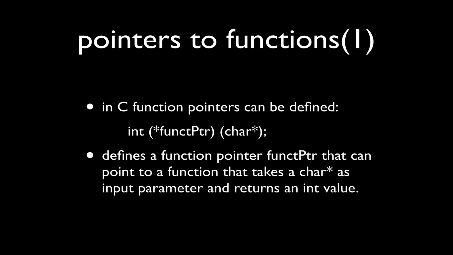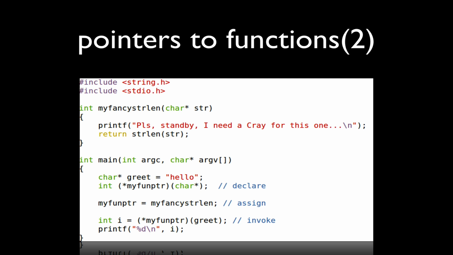So in this case, I have a function pointer that points to a function that takes a character pointer and returns an integer value. So let's look at an example to make this a little bit more clear.